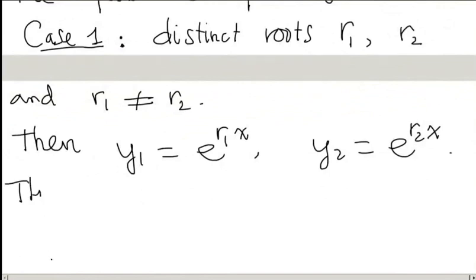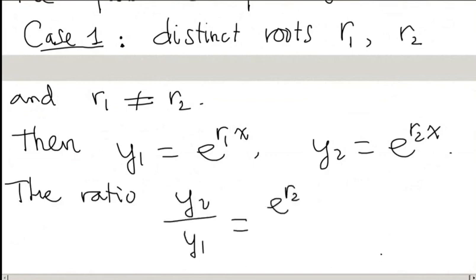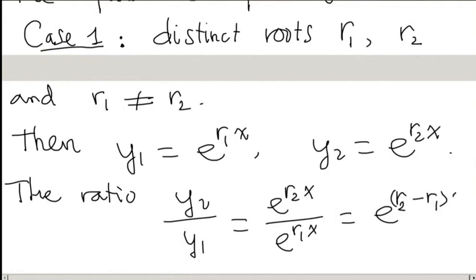You can check that the ratio y2 divided by y1 is e to the r2x divided by e to the r1x, which we can simplify as e to the (r2 minus r1) times x.